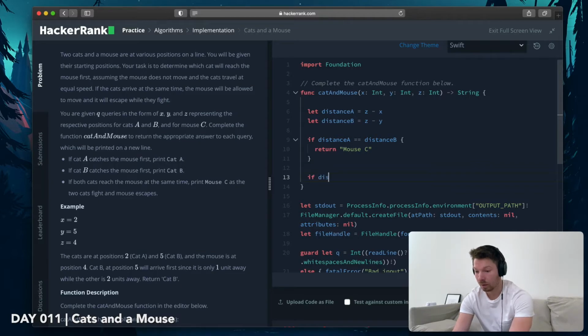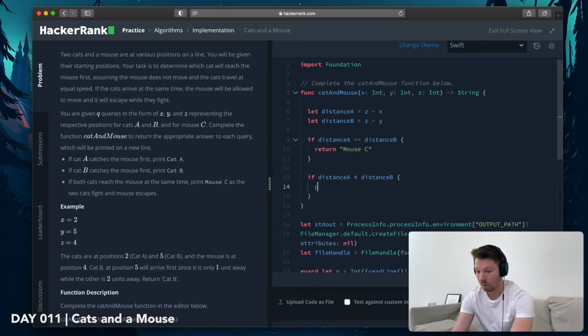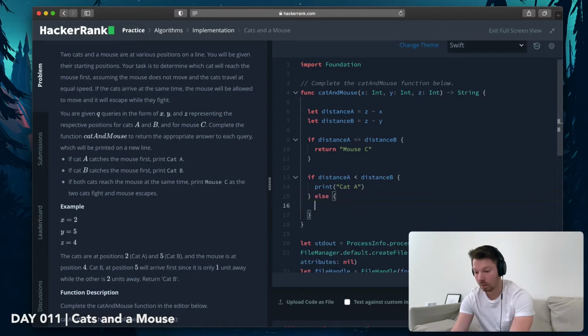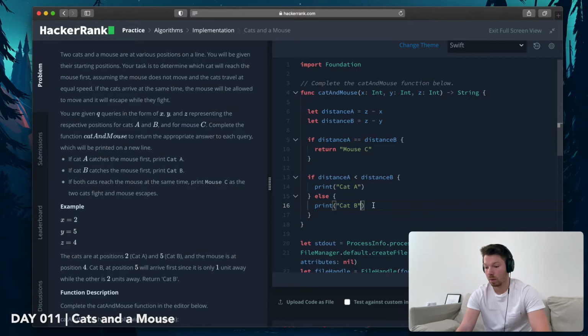If distance A is smaller than distance B, then print cat A. Else print cat B. Whoops, we're not printing, we are returning.